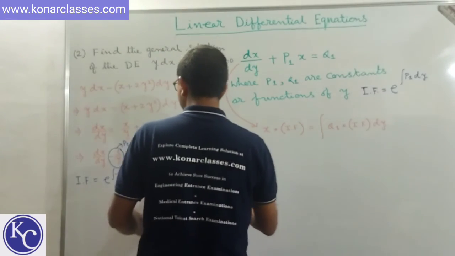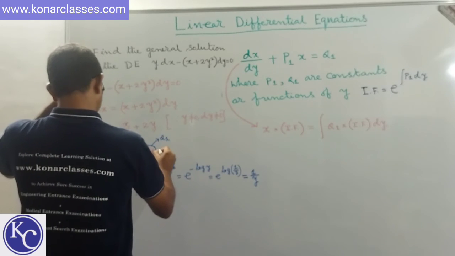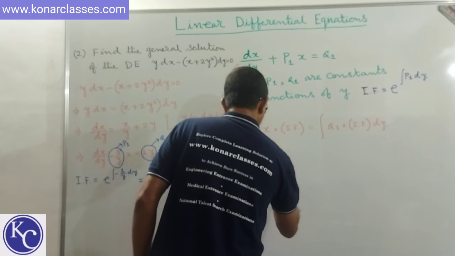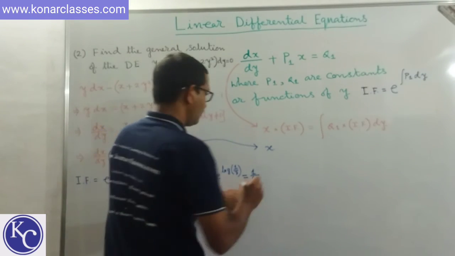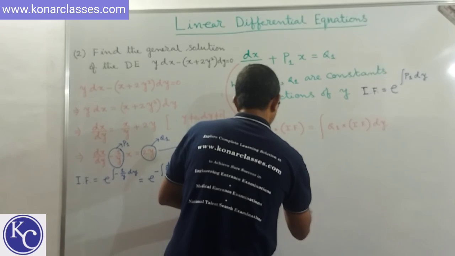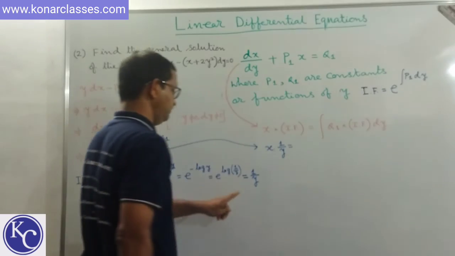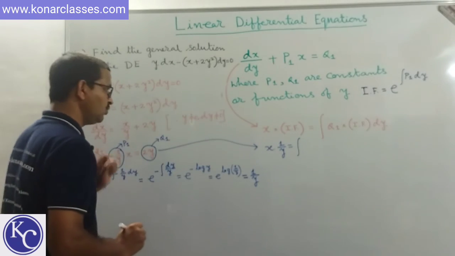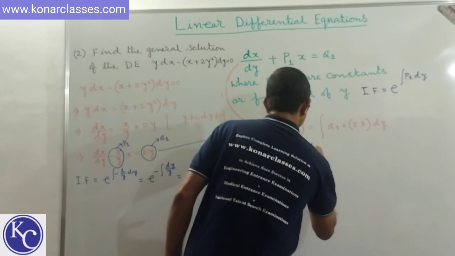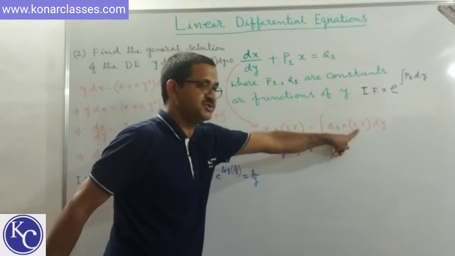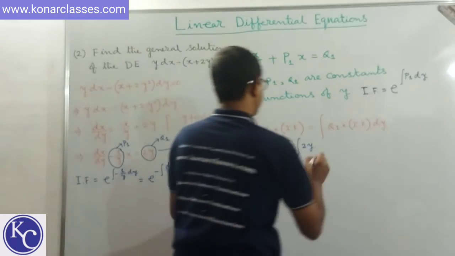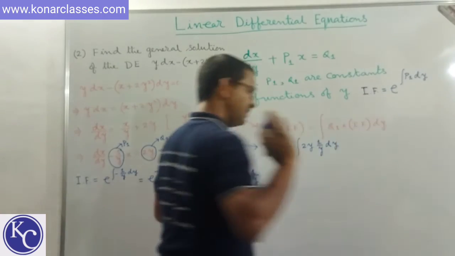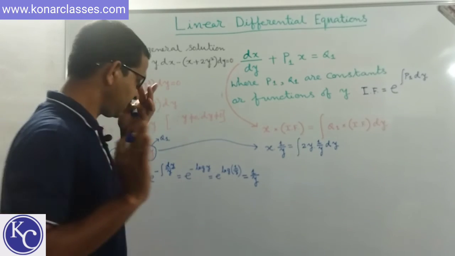So the solution is x into the integrating factor 1 by y, x into 1 by y, is equal to integration of Q1, what is Q1? 2y, into integrating factor 1 by y, dy. Clearly understood? Very simple, correct?